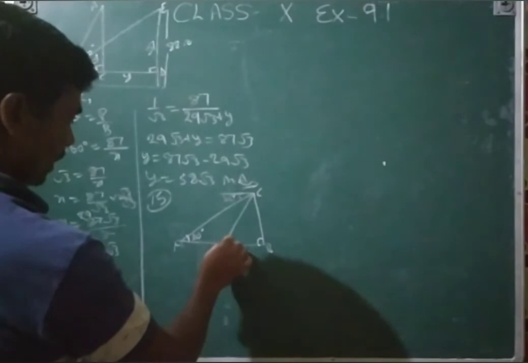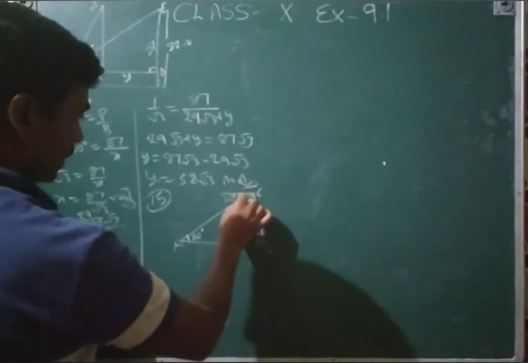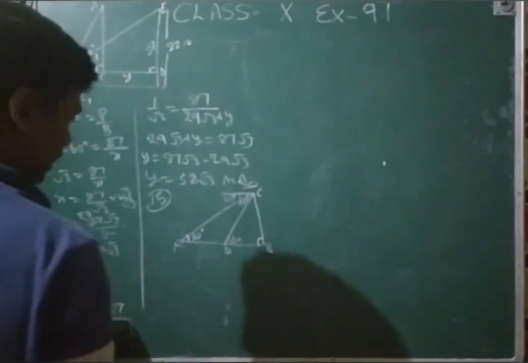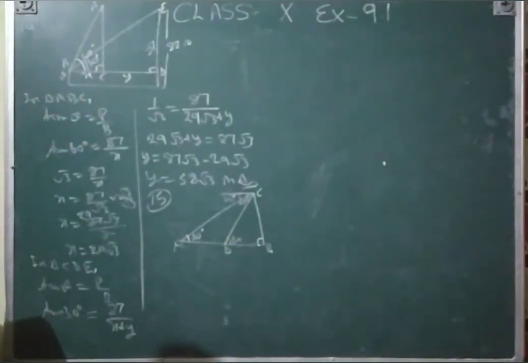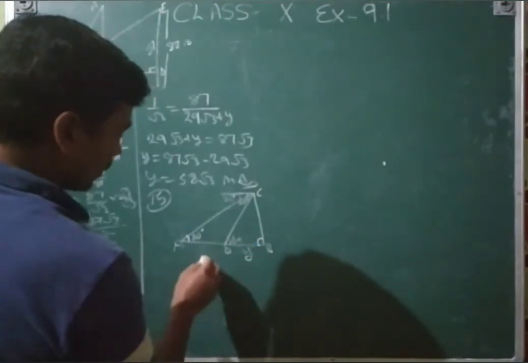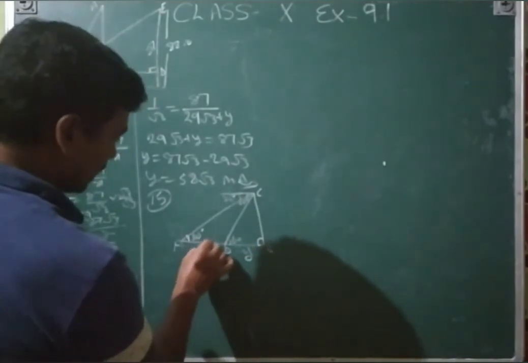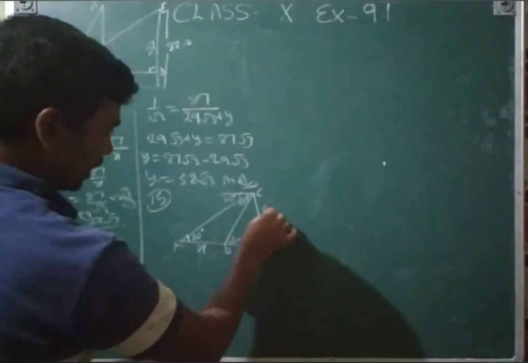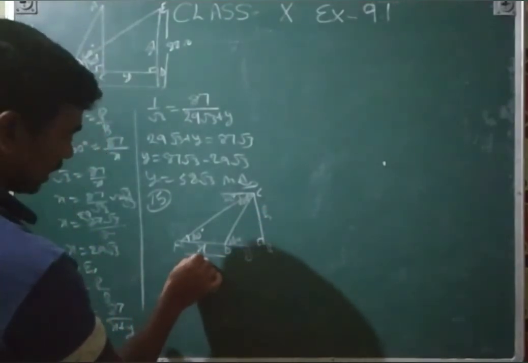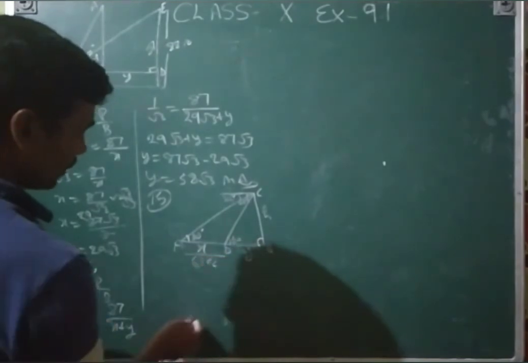So after 6 seconds that will be 60 degree, and that point is D. Find the time taken by the car to reach the foot of the tower from that point. So we need to find Y. Suppose the distances are X, Y, and the height is H. This distance X is covered in 6 seconds.